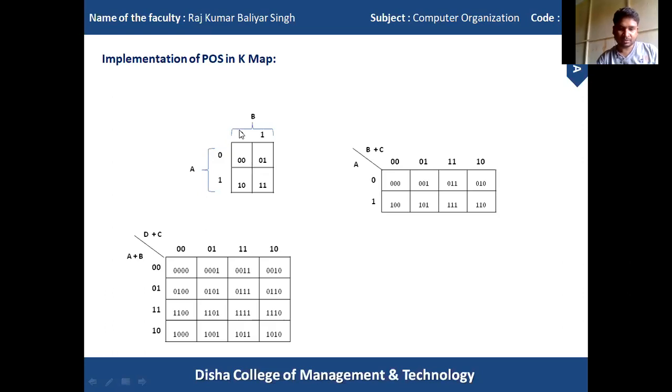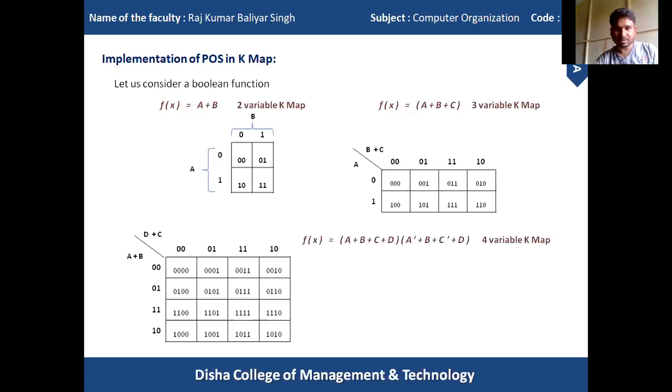We can use the POS with two variables, and the POS can be implemented inside the three variable K-map. It can also be implemented in the four variable K-map. The n variable K-map completely depends on the number of variables present inside the Boolean function. Let's consider this one.